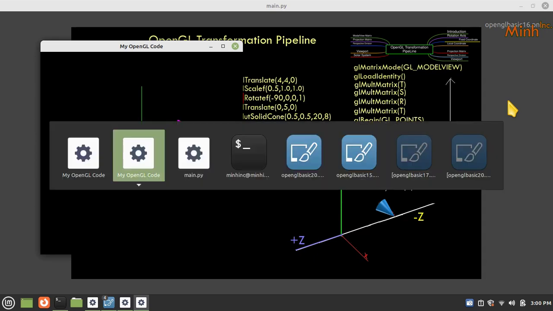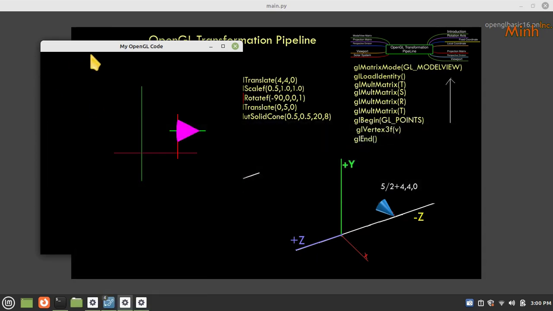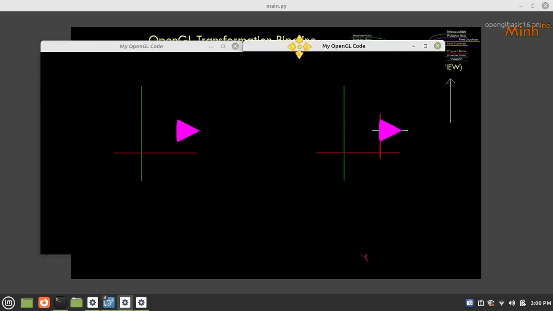Both are exactly the same. Only the idea is which approach we take. Okay, I'll show it again.